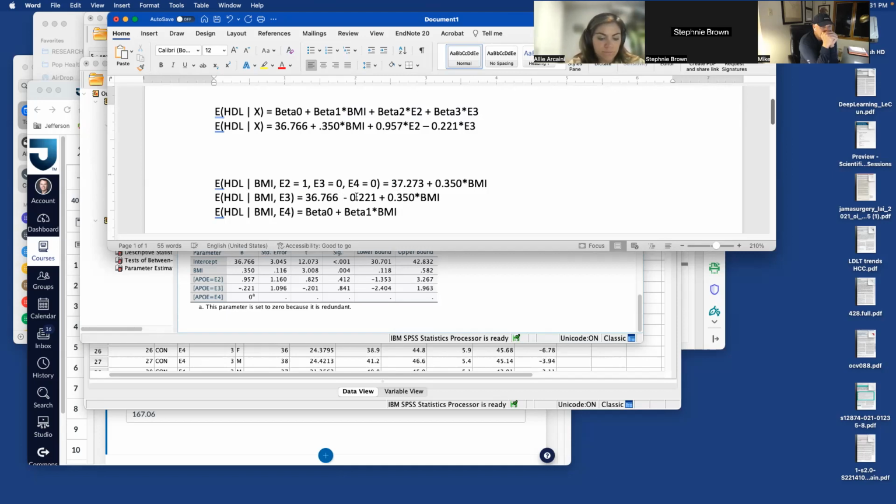Now we're subtracting from the intercept: 36.766 minus 0.221. Oops. 36.5. And the final one is just the intercept itself, 36.766.